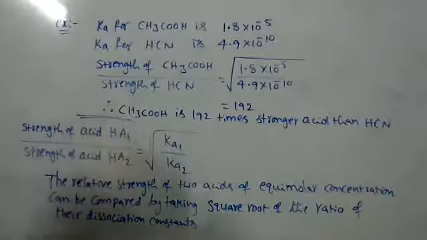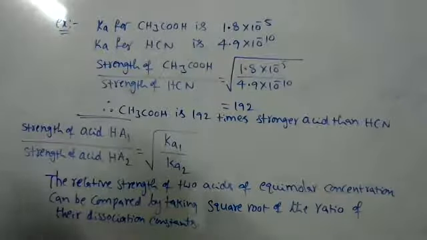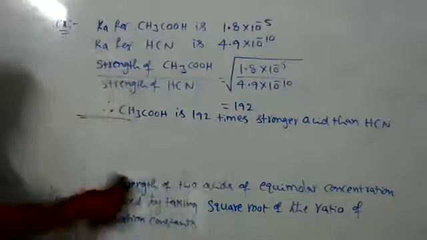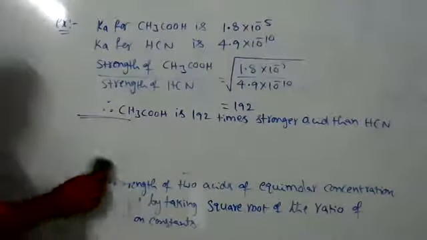Okay, next. Polyprotic acids. Write a small subheading: polyprotic acids or polybasic acids.